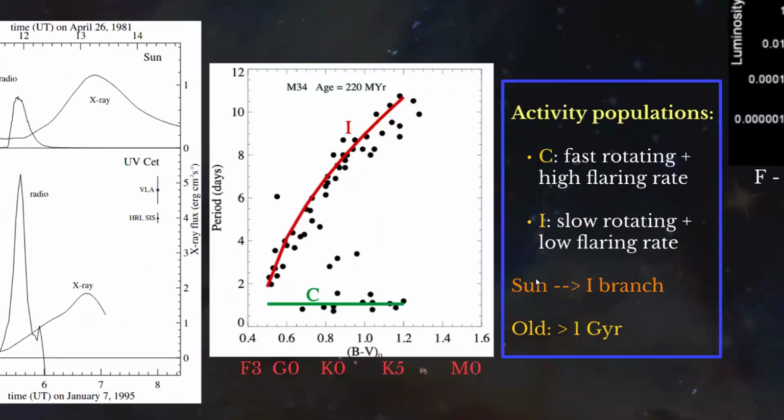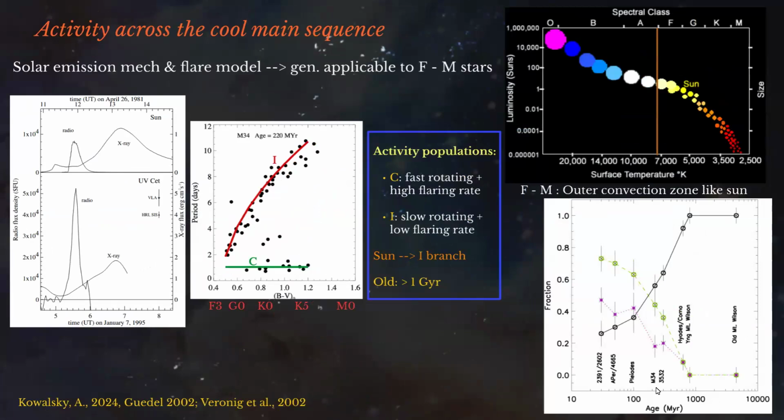You can see that as you move in age, the fraction in that branch increases. And this is the fraction of stars in the C and the interim branch, and that falls. So the stars start out as fast rotating and more energetic, which are more active, and then slowly, as they age into giga-year ranges, they move into the less active ones.